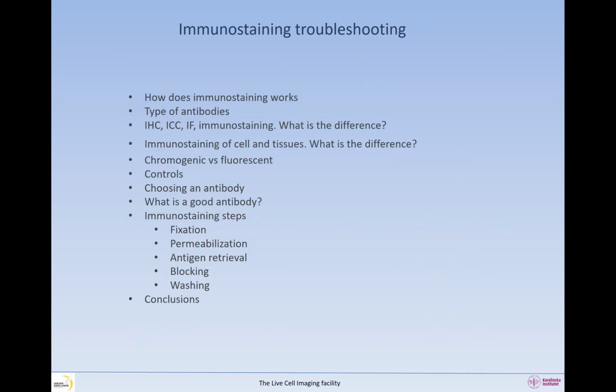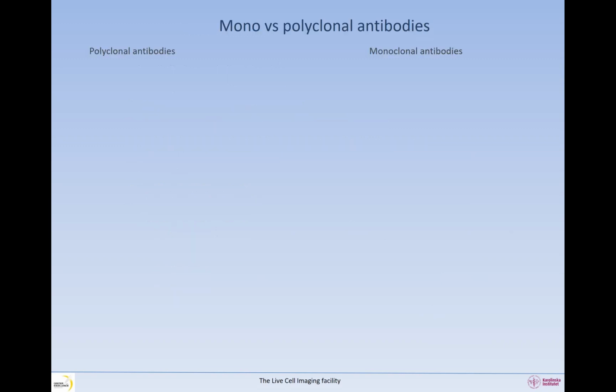So now let's briefly go through the types of antibodies that we are working with. We have monoclonal and polyclonal antibodies.